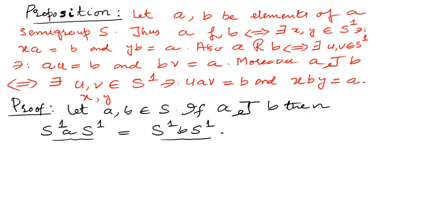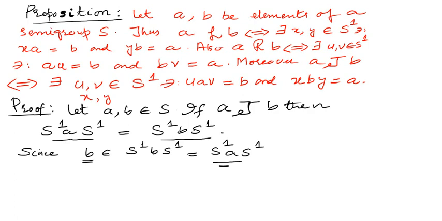Since B belongs to S1 B S1, which is the same as S1 A S1, B is an element of it. So that means B is actually the product of three elements: an element of S1, then A, then again an element of S1.